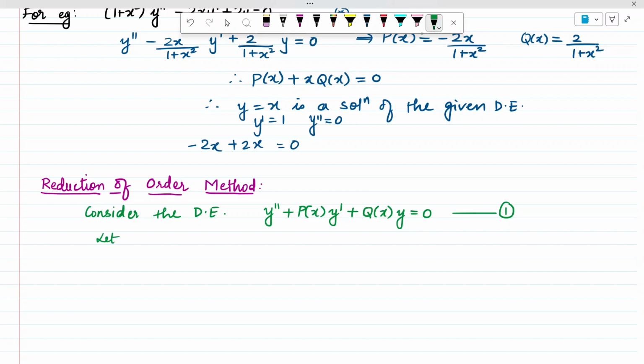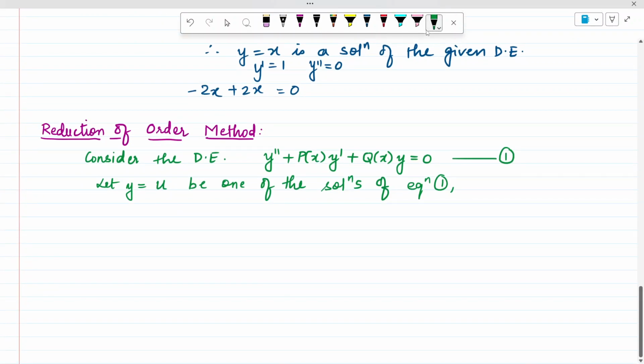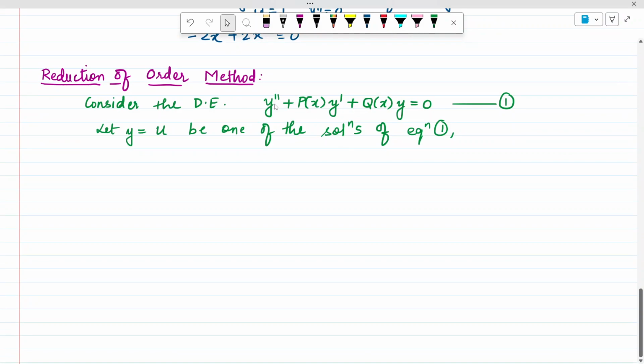So let y is equal to u be one of these solutions of equation number 1. अब ये जो equation 1 का one of the solutions है, आप अपर कोई भी method से ढूंढ सकते हो. ठीक है? So if y is equal to u is one of these solutions, our target is to find the other solution.